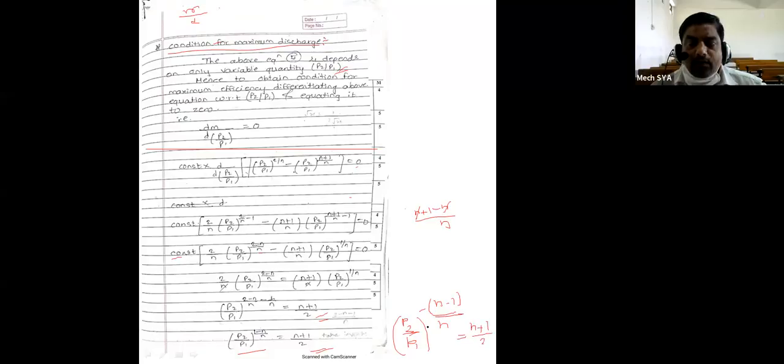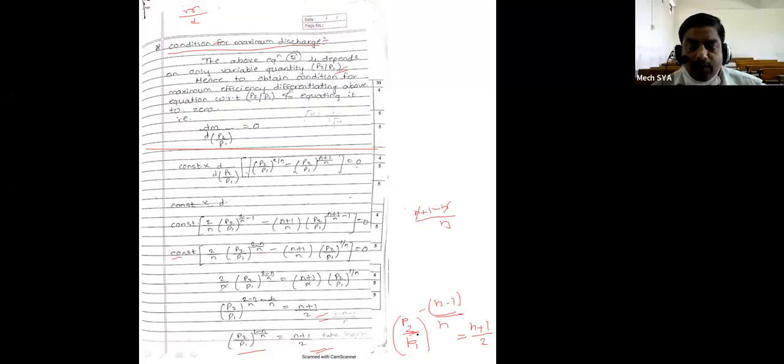Now if I want to make the negative indexing positive, the other side will automatically become the reciprocal. So this will become (n plus 1) divided by 2.